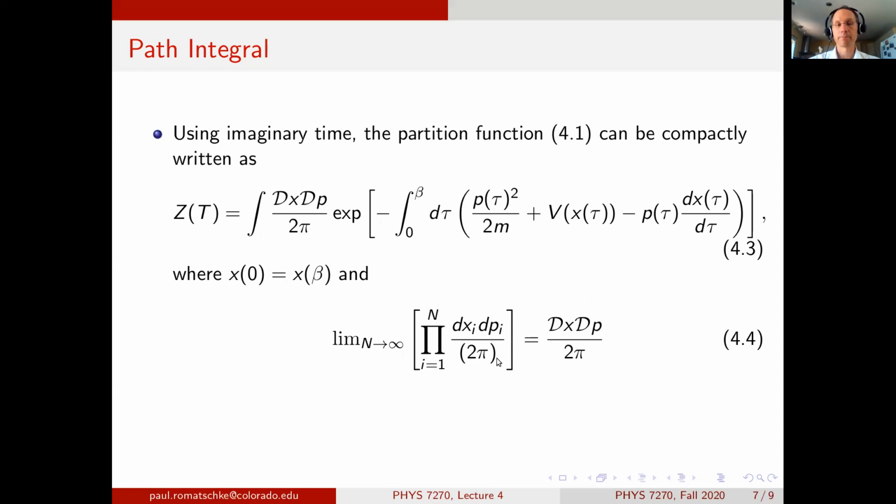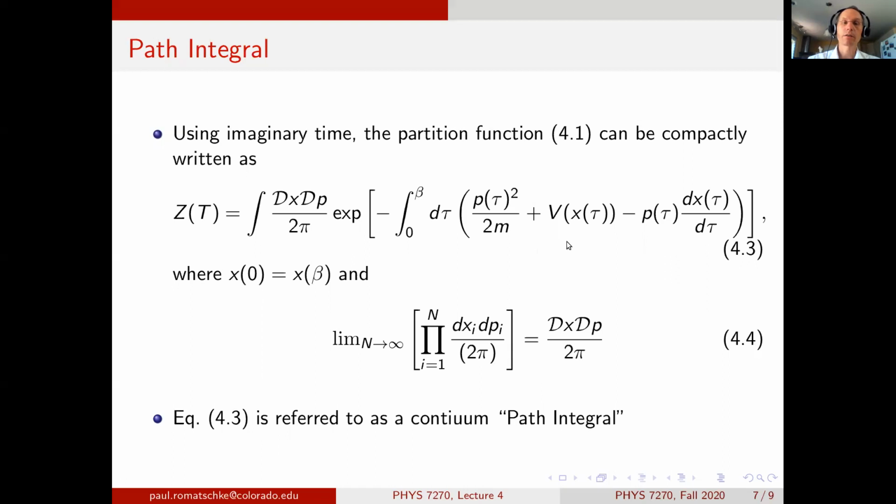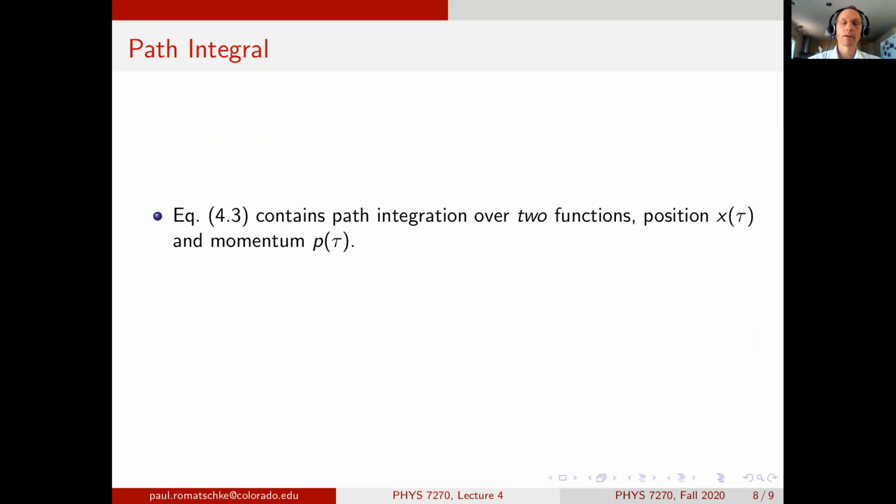The expression where we take tau to be continuous is referred to as the continuum path integral. This continuous expression for the path integral contains a path integration over two functions, the position and the momentum.